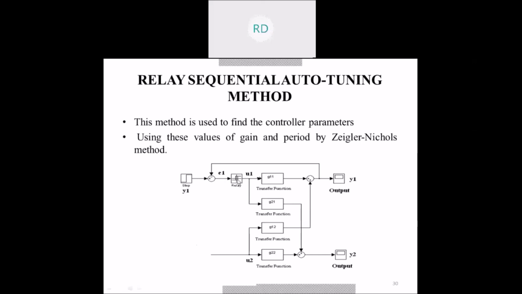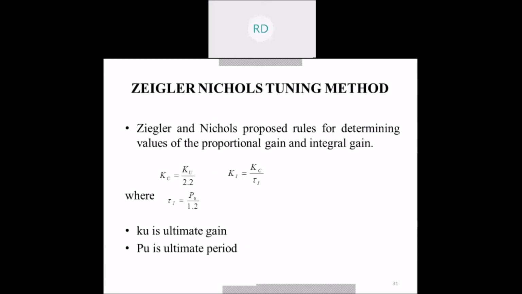Before designing the PI controller, we have to design one relay switch for this process. You have to produce a sustained oscillation, and from it you will find Ku. Once you find Ku and then Pu, you substitute into the Ziegler-Nichols table formula for Kc and Ki.